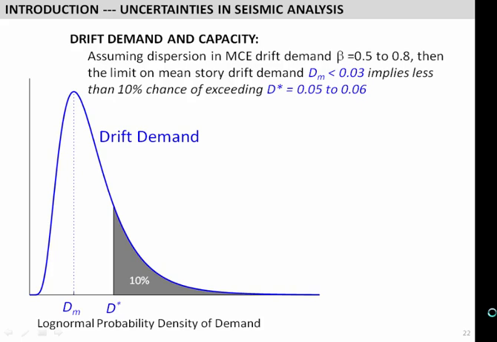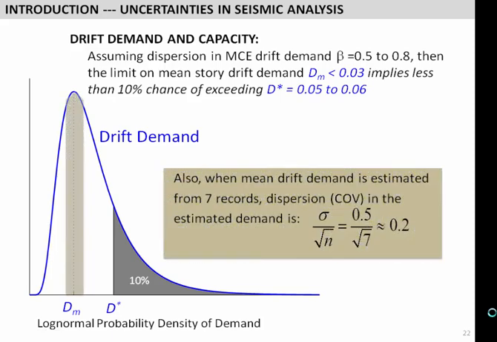So what you can think about when we're checking our mean drift demand against this 3% limit, 3% story drift, is that if you put in the values of dispersion I'm talking about, by checking the mean at 3%, it's really saying that there's less than 10% chance that your drift is going to exceed 5 or 6% drift. So we're checking it at 3, but our real check is, considering the uncertainty, a higher drift level.